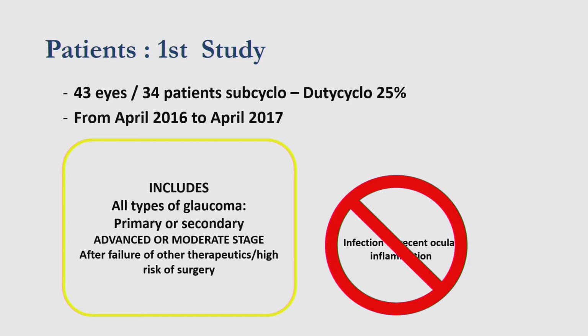It included all types of glaucoma, open, closed or secondary. The majority were in the advanced stage, but some were in the moderate stage. The treatment was indicated after failure of other therapeutics or when there was a high risk of surgery.